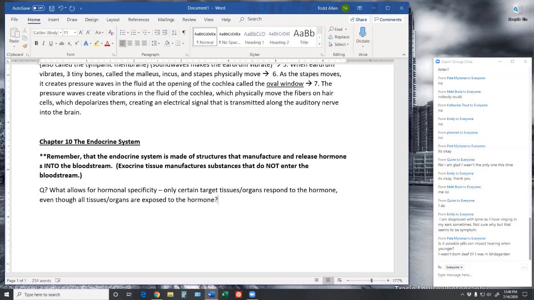What allows that to be true? Can you answer that for me? What allows for hormonal specificity? Only certain target tissues and organs respond to the hormone, even though all tissues and organs are exposed to the hormone. What can explain that?